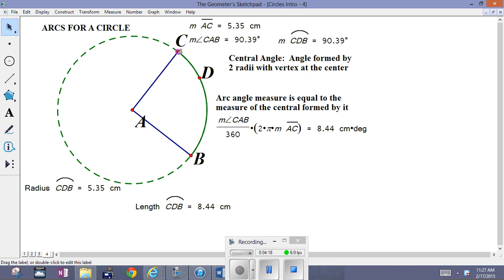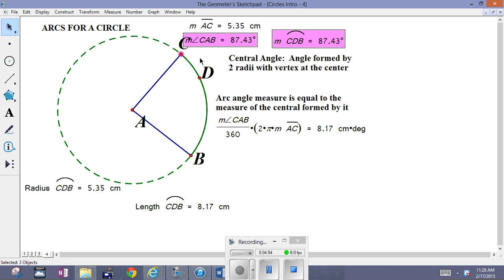The arc is also the measure of some fractional part of the circumference of the circle. The arc can be measured in degrees, in which case it's the same as the central angle measure. As we see here, arc CB measures 99.25, which is also the measure of that central angle. They have the same degree measure.